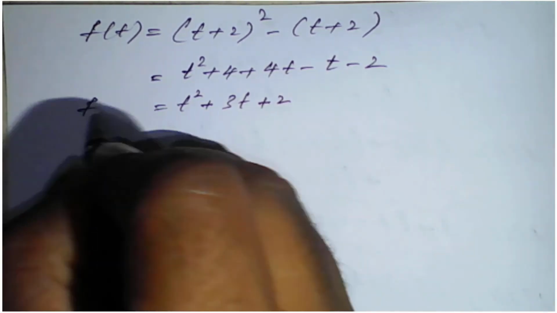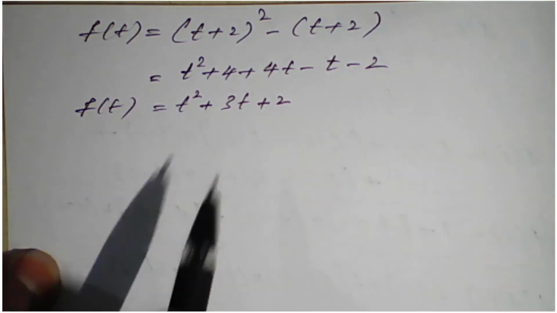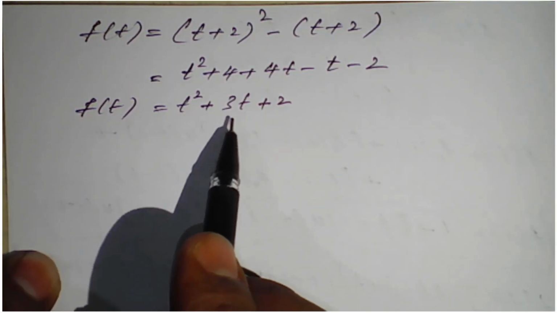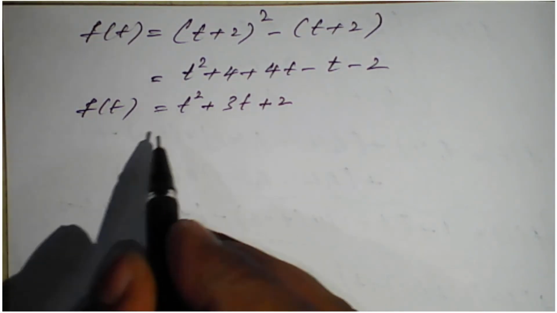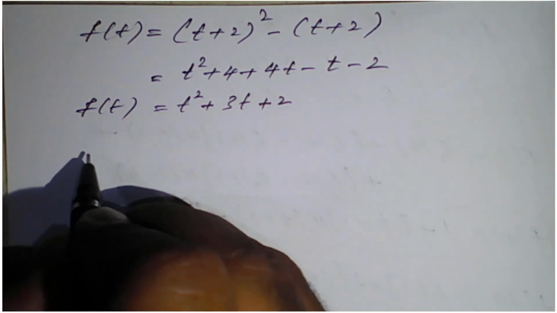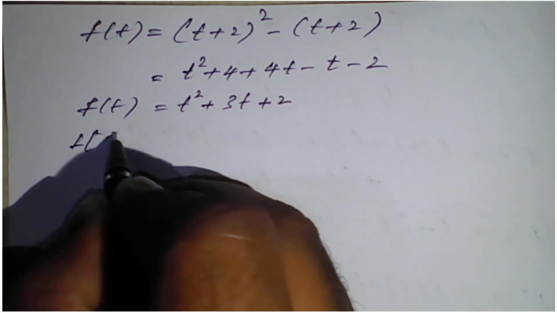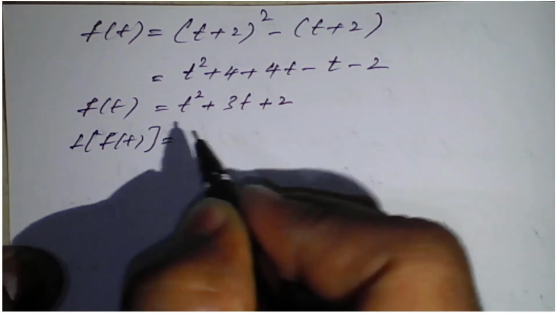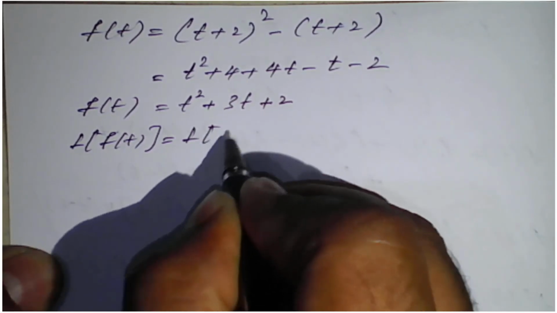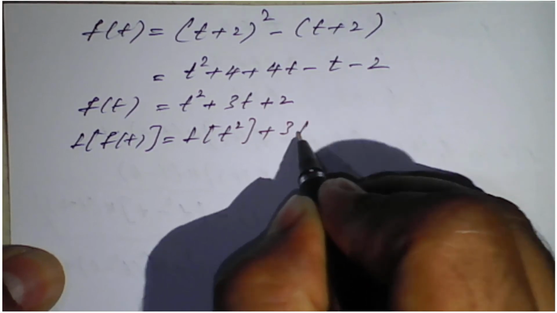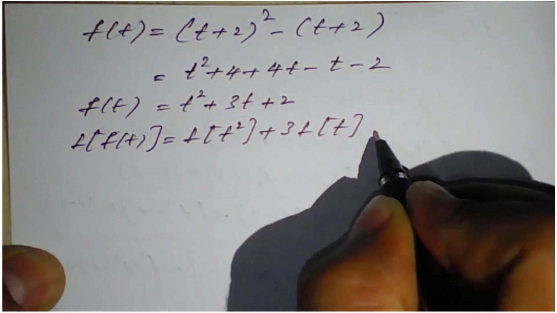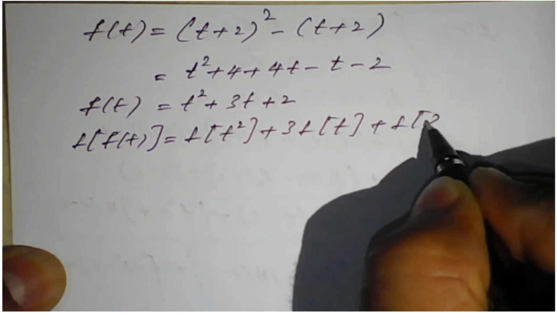So therefore our f of t will be what here? T square plus 3t plus 2. So apply Laplace transform for this. So Laplace transform of f of t is nothing but Laplace transform of t square plus 3 is a constant, Laplace transform of t plus Laplace transform of 2.